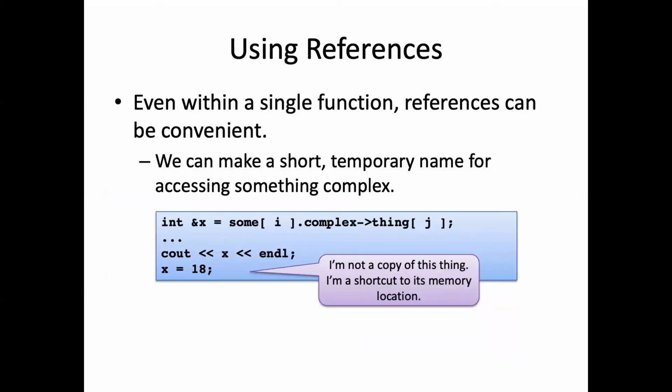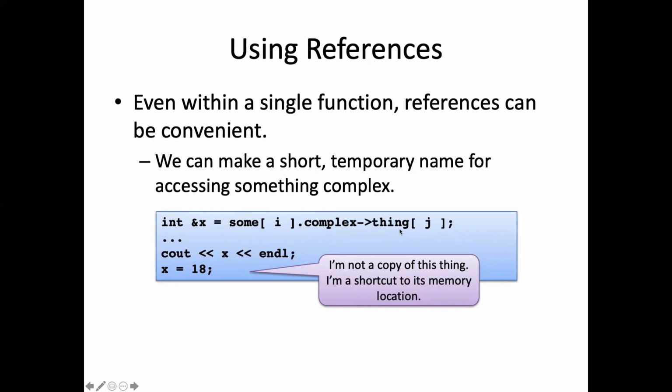Another place where I use this a lot is taking a short name for a complicated expression that I evaluate. If you're building a data structure, and you kind of did this in project 4, you might have an array of something that you look up an element, and then you may look in a field of that. And that may be a pointer to a struct that has another field.